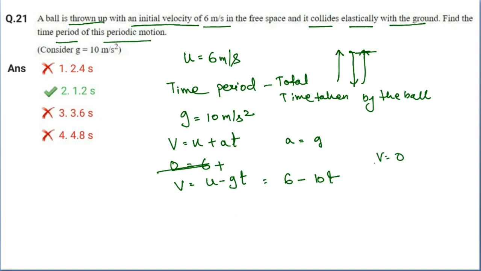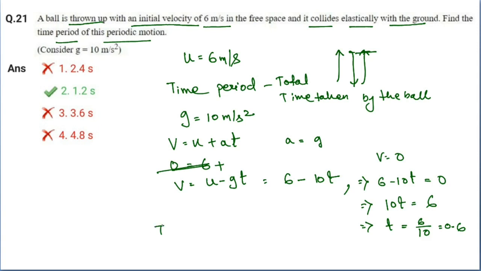So 6 minus 10t is equal to 0, 10t is equal to 6, and t is equal to 6 by 10, that is 0.6 second. This is the time of ascent. The time of descent is also equal to the time of ascent.